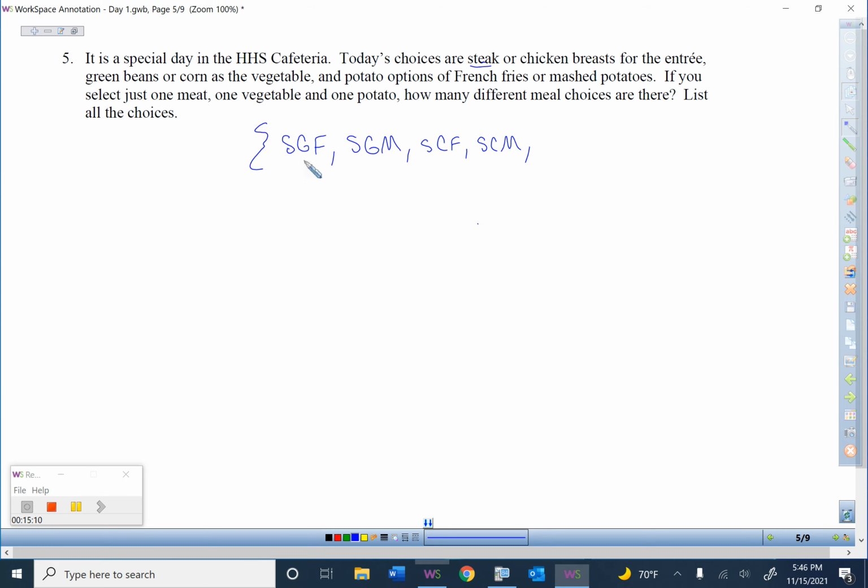I've already used C through here for corn, so I'm going to use H for chicken. And then the pattern, green beans with French fries, then chicken, green beans with mashed potatoes, chicken, corn, French fries, chicken, corn, mashed potatoes, and there are 8 total meal choices.